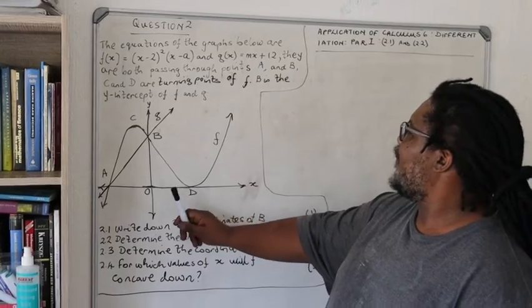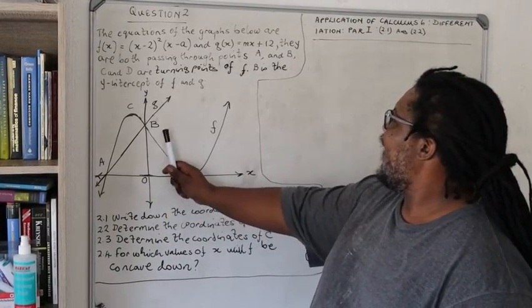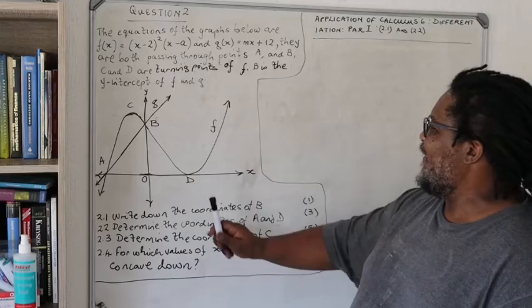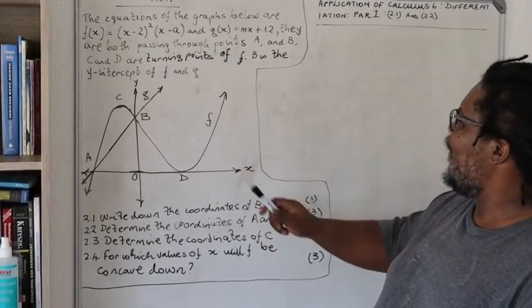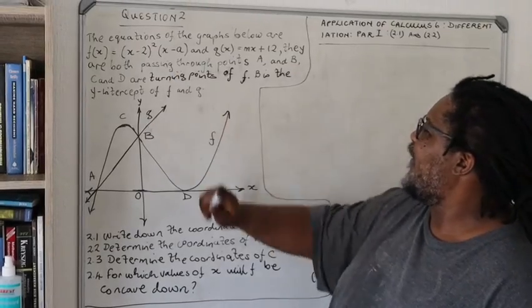They are both passing through the points A and B. And then C and D, those 2 points, are turning points of the graph of f(x).